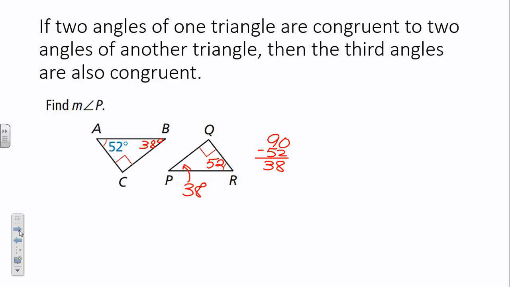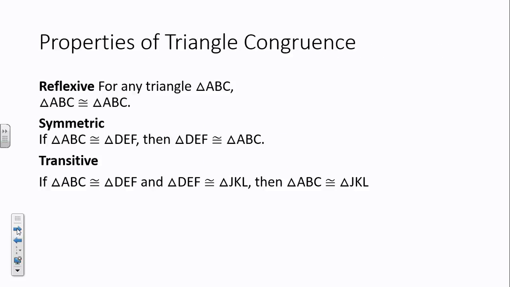All right, now we've been having rumblings of proofs, right? We're not doing a proof for this particular section of this chapter, but I want to show you what it looks like. And first, before that, I want to just tell you that reflexive, symmetric, and transitive hold for triangles too. So triangle ABC is going to be congruent to itself. That's reflexive, like a mirror.